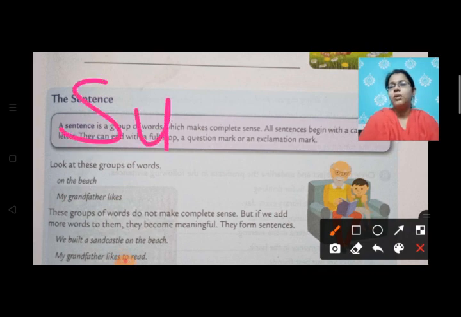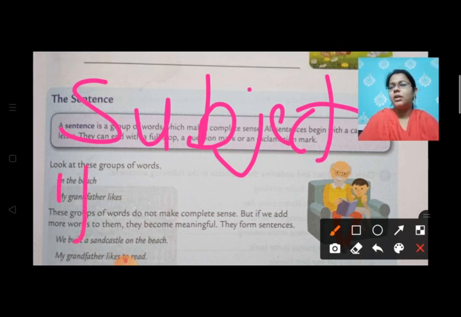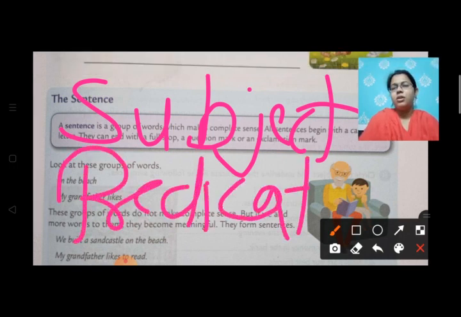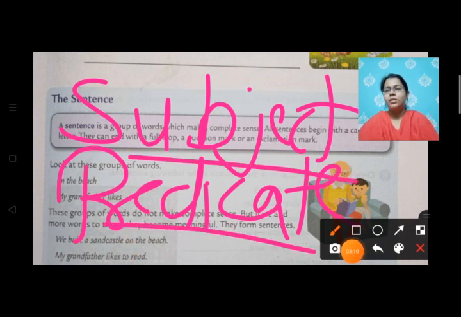The first one is subject and the second thing is predicate. Okay, we are going to learn these two things in this chapter. What is subject and what is predicate. I hope that you have an idea about it because we have already studied in the previous class. But yes, this chapter is related to these two things.